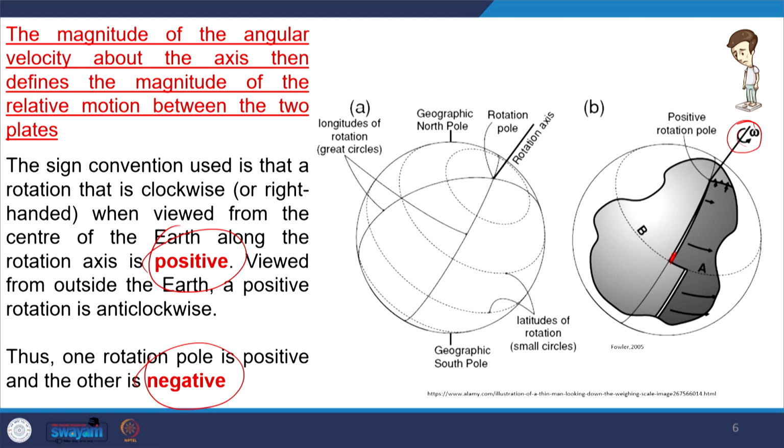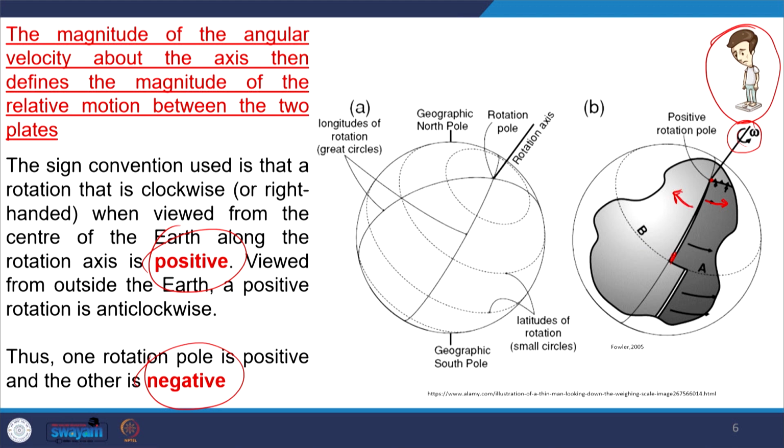For example, if you are a viewer looking at this plate motion from outside of this earth, this plate is moving, according to you, anti-clockwise, and this plate is moving clockwise. So, this Euler's pole will be a positive pole for this anti-clockwise motion, and a negative pole for this clockwise motion.